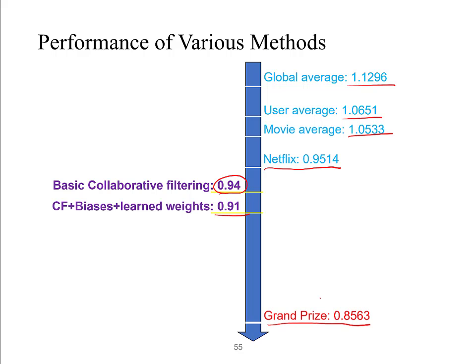And don't think global effects are not useful because, as you can see here, although these numbers are not very good, they are also not that bad, considering the ratings actually vary from 1 to 5.